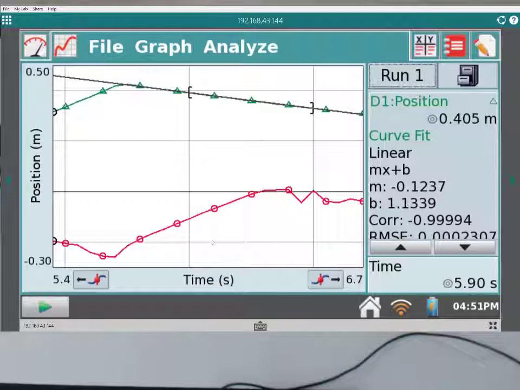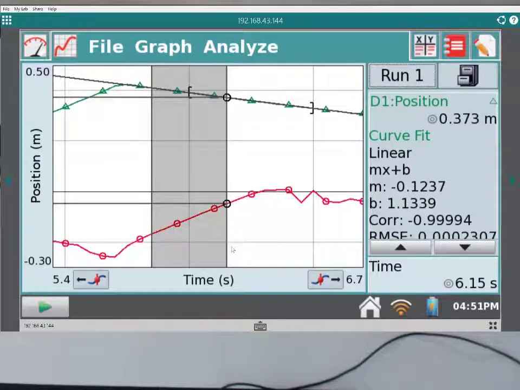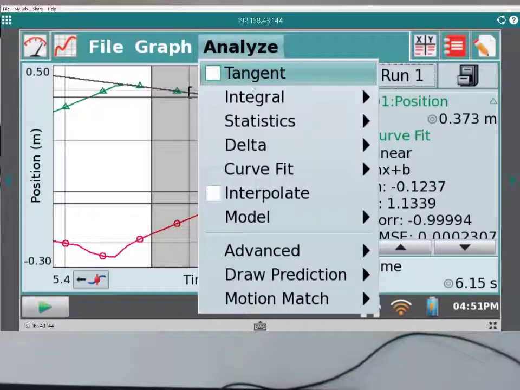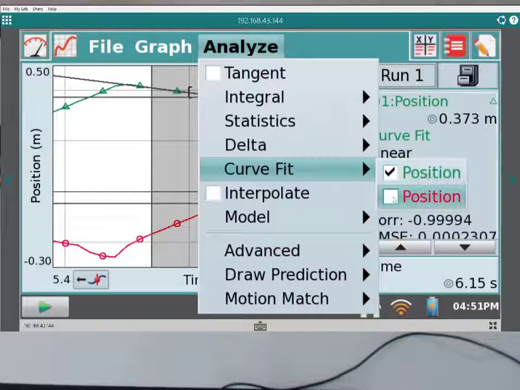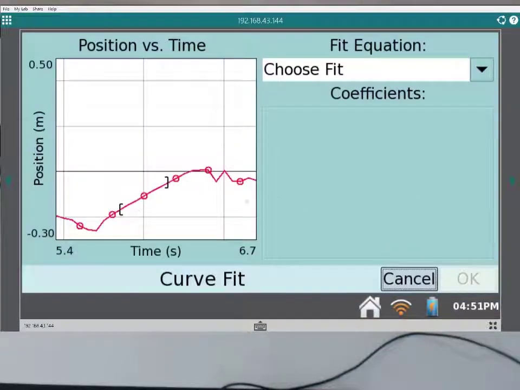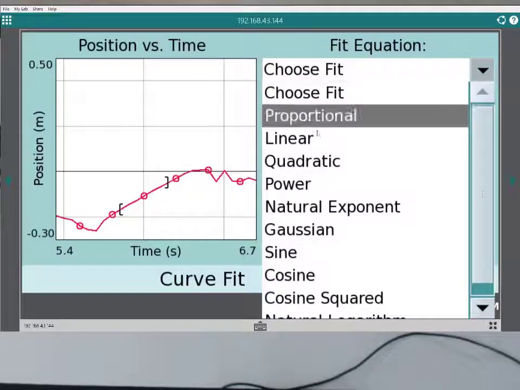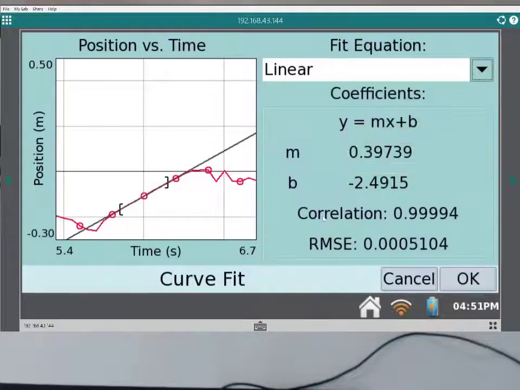We want nice linear right there. Let's use that. Curve fit for our red guy. We're going to get a positive velocity because now red's turned around, moved in the positive direction. And linear, here we go. There is our slope value giving our final velocity for red cart number 2 after this elastic collision.